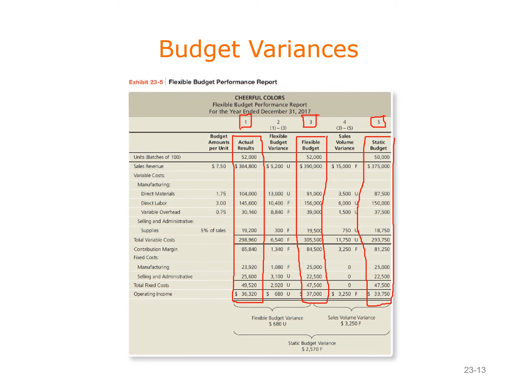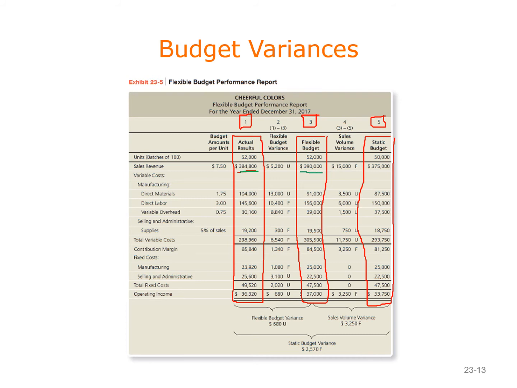I will start with the first one. I have sales revenue. Sales revenue is 384,800, and the flexible is 390,000.